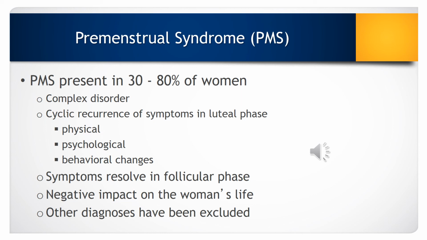There's a variety of symptoms that can be related to PMS. And these symptoms usually diminish or decrease after menstruation, after her period begins. And so we know that PMS can have a negative impact on a woman's life.